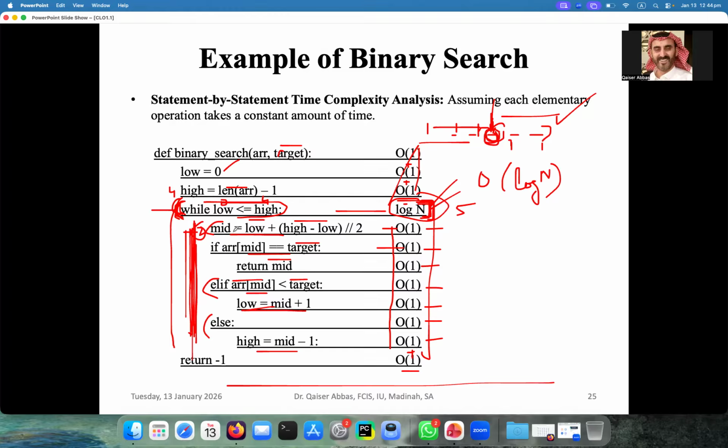So the maximum iterations for this loop, if it is 0 to 4, can be 2 or 3. I am saying 3 on the safe side, okay? So for 5 elements, this loop is executing 2 or maximum 3 times.